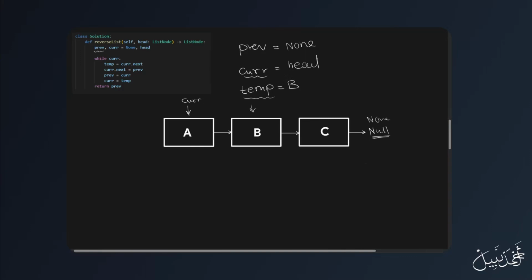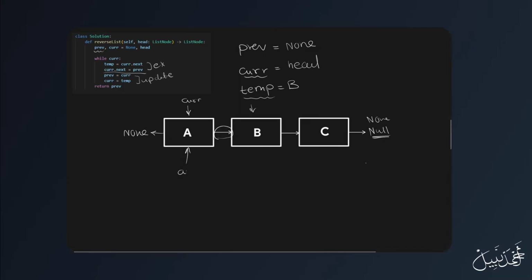Then I like to call those exchange and update. After this, we will take the next pointer of this current and we will set it to none. After this, we will update the current pointer and the previous pointer.